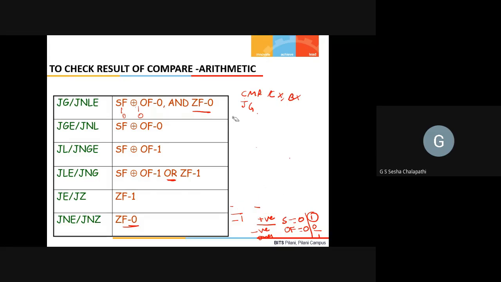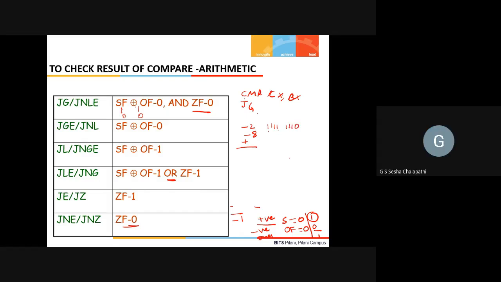So if you take the example of -2 and -8, can you please help me with the -2 representation? Four ones, 1110.